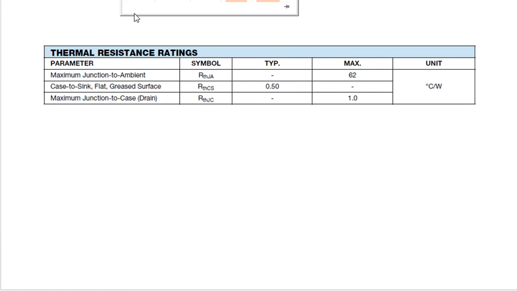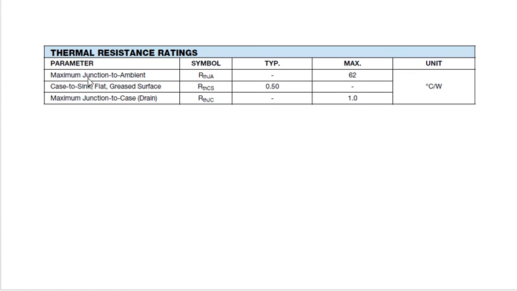As I have already told you, I will make a separate video for calculating the temperature of a MOSFET, that is, thermal management. But here, as we have already calculated the losses, I will tell you what the temperature of this particular MOSFET will be if we do not use any heat sink with it. To know that, we have to take this thing.